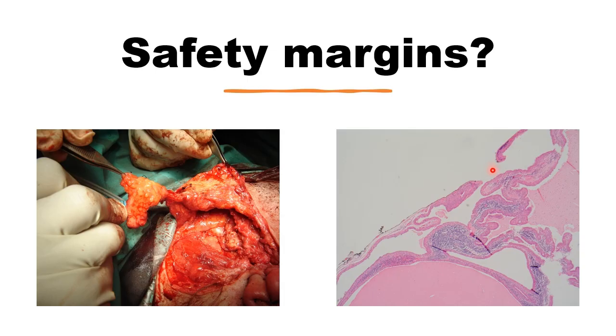Even if there is a minor breach of the capsule, the risk of recurrence is very low. So a tiny amount, like 1 or 2 millimeters of parotid tissue cuff around the tumor, will be enough. And even if this is not available in areas where the tumor is in close proximity to the facial nerve, extracapsular dissection is enough.